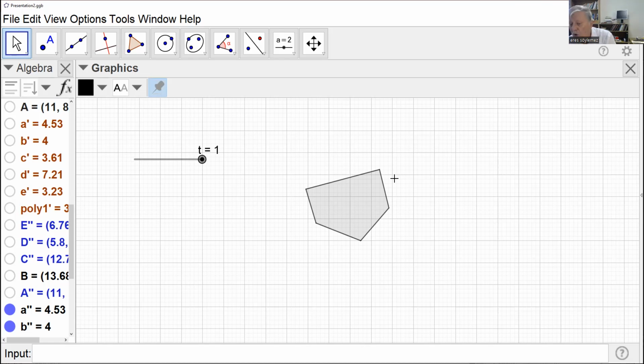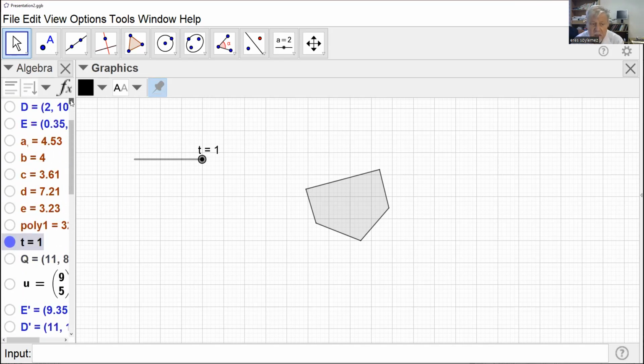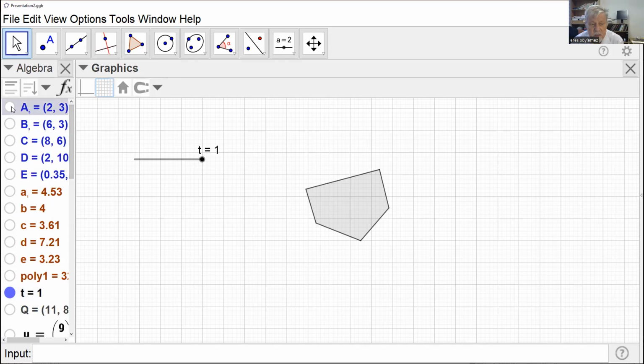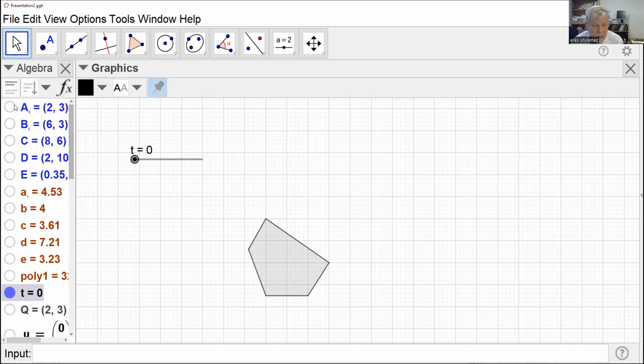That I can do. Or I can select any 2 points on this rigid body and give you the location of that rigid body. For example, I can select this point. Sorry, not that one. Let me move it like this. I can select this point and this point. But if you want, I can select this point and this point.